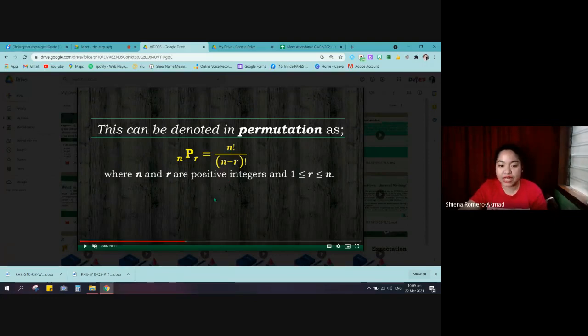So, for you to have that, you have to remember that in solving permutation, our N and R are all positive integers. Yung R natin, it is greater than or equal to 1, but it is less than or equal to N. Kunwari, I have 10 bags.